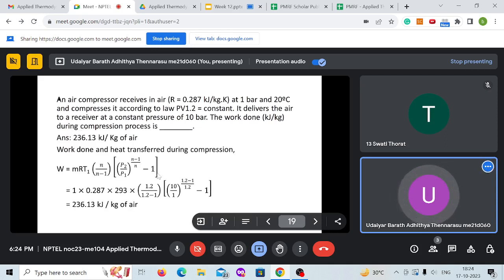So your work, if you integrate VdP, you will get this relation. So here you substitute that in terms of pressure and integrate that, so you will get this relation. So mRT1 into n by n minus 1 into your pressure ratio raised to power n minus 1 by n, minus 1.